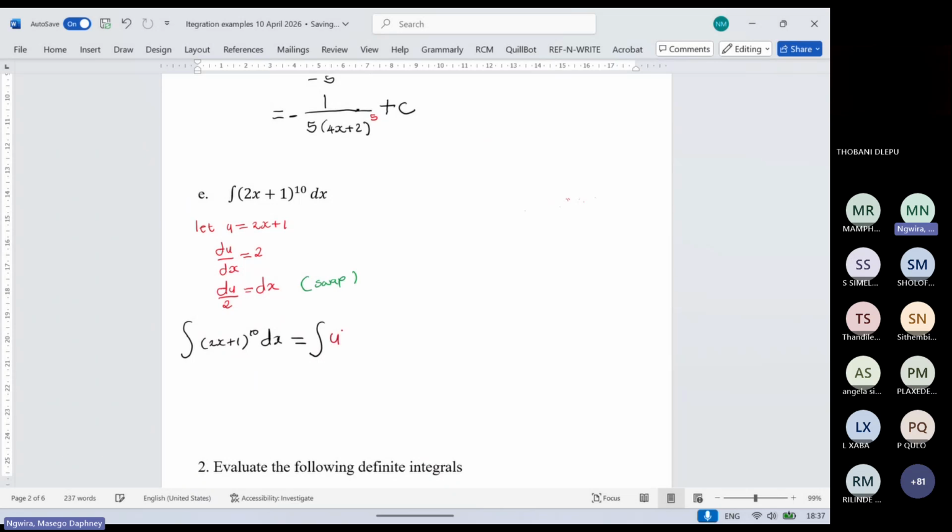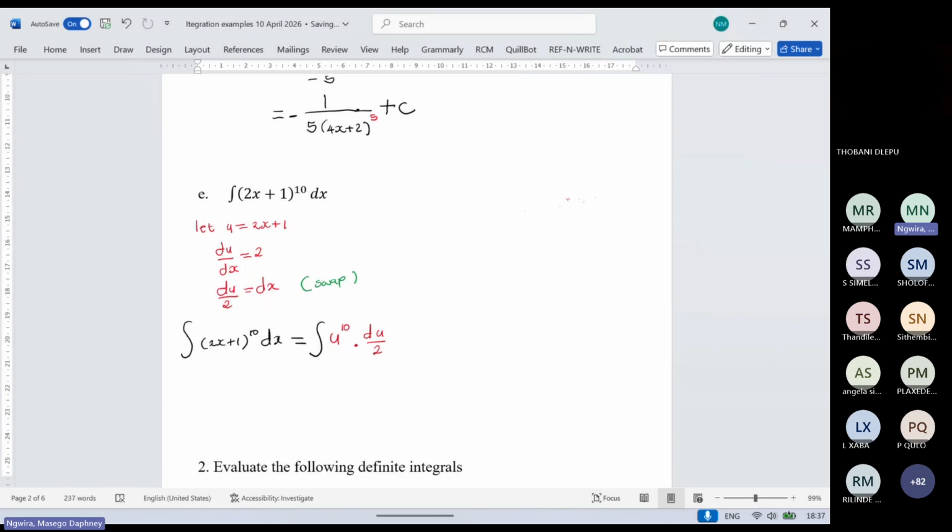So this will be u to the power of 10. And now we also have to remove the dx. We replace the dx with du over 2. So this will be du over 2. This is just times.